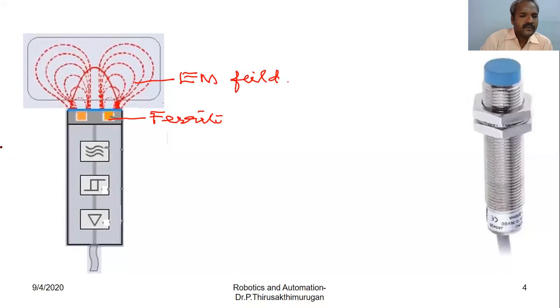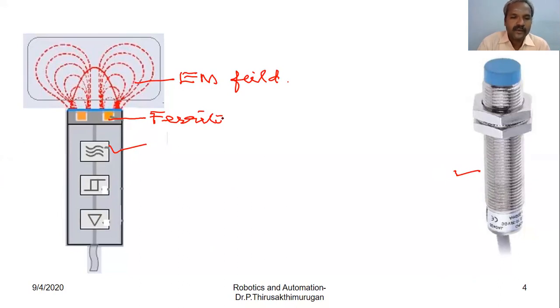Okay, so these are all the internal parts of this probe. We are seeing this probe; this is the commercial product, and this is the internal parts of the product. So here, this is the internal ferrite material, along with the coil.